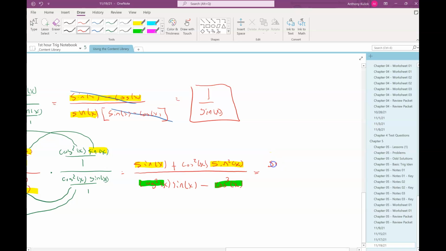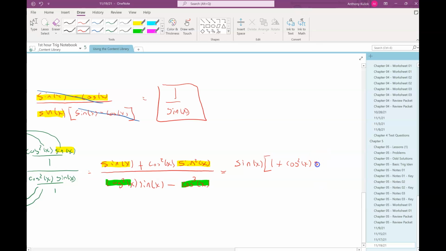So if I factor off a sine x, and I don't know if anything's going to cancel or if I'm going to be able to do anything good yet, but I want to check.